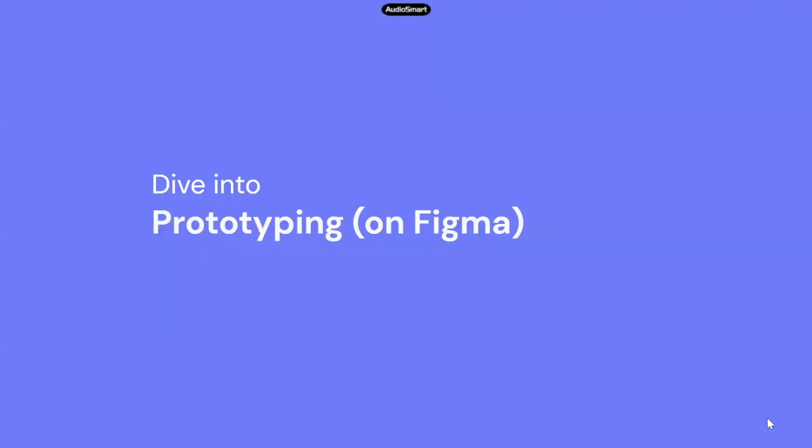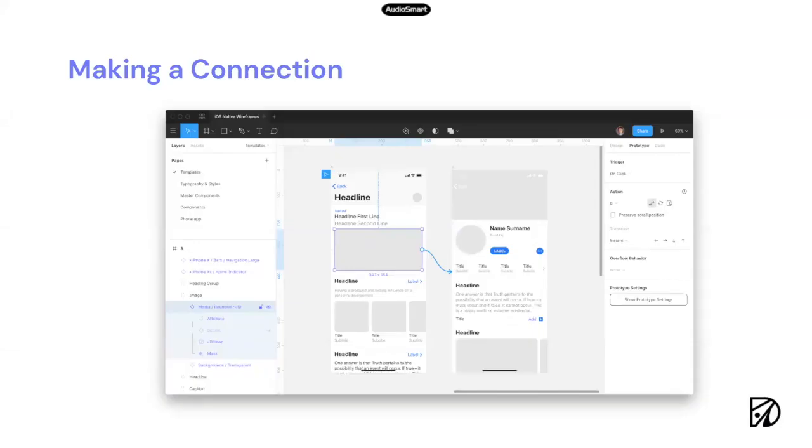So we'll dive into prototyping a little later. But just to give a quick overview for now, this is what it would look like if you're prototyping in Figma. On the right-hand side, you can see that we're currently in prototype mode. From there, you can start making connections between screens. For instance, you can connect an element, for example here, to another screen.